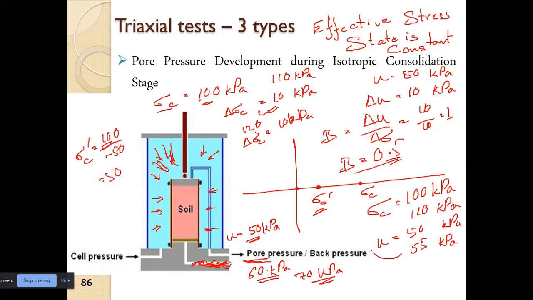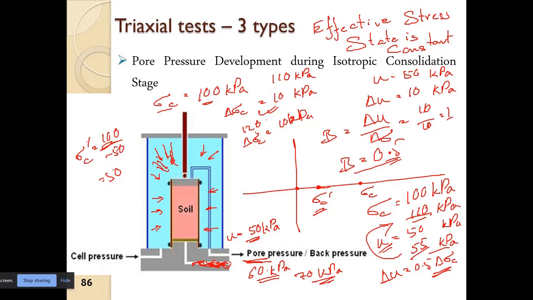So it is half of del sigma. So del U is 0.5 times del sigma C. There will be an increase in the effective stress in this case. Since only 5 kPa has increased the pore water pressure, the other 5 kPa which we have increased will be causing an increase in the effective stress of approximately 5 kPa.